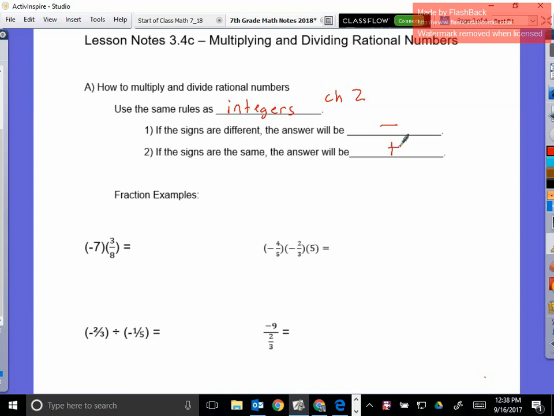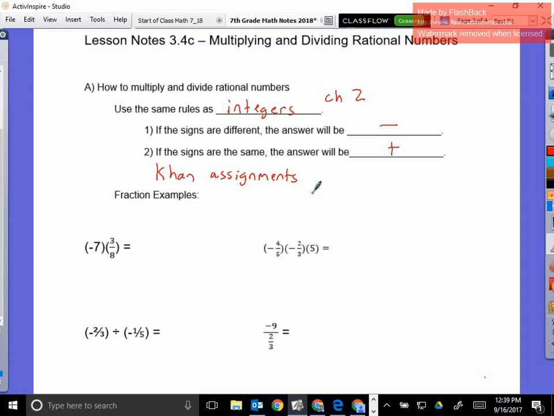We also have some other rules that we have to use. I know you guys have seen these rules before, but they're rules that have to deal with how to multiply and divide fractions. I gave you guys some assignments on this to help you review and remember how to do this.